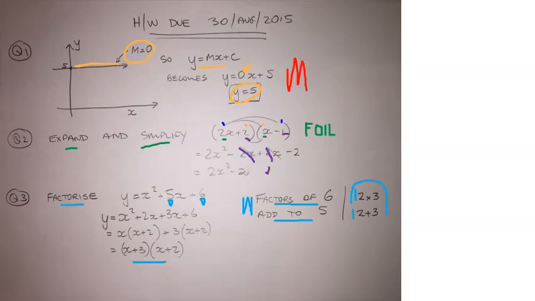So 2 and 3 are going to be what we need to use, and what we do is we replace the middle term, which is 5x, with the 2 terms, and this is where we mean decomposition. We've broken down or decomposed the middle term of the quadratic.